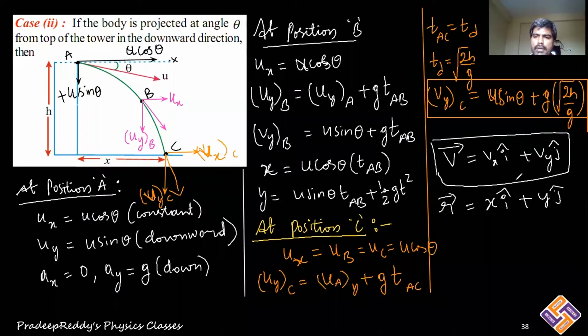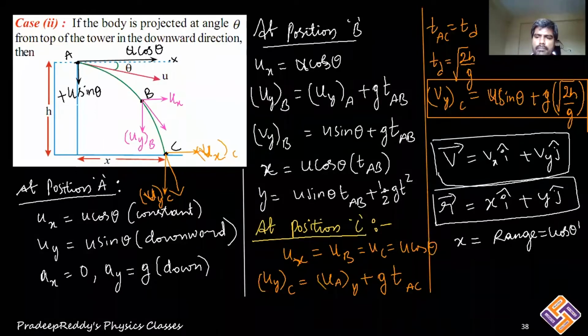This is how you will be finding out displacement of the ball. Okay. Now in this case, what about displacement from A to C? Displacement along x-axis is equal to range, and this range is equal to u cos theta into time taken t, that is time of descent, and along y direction it is equal to h.